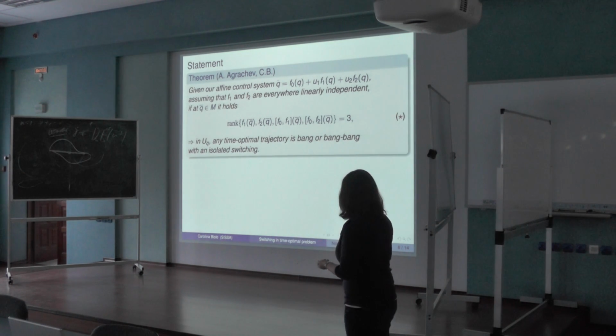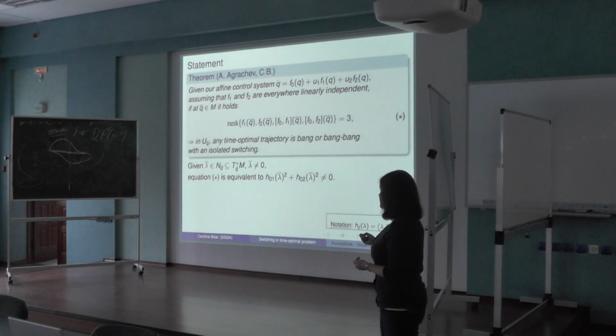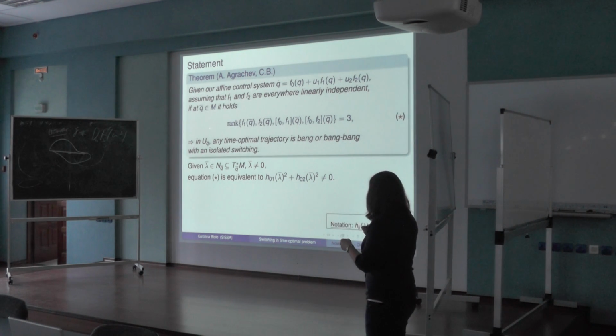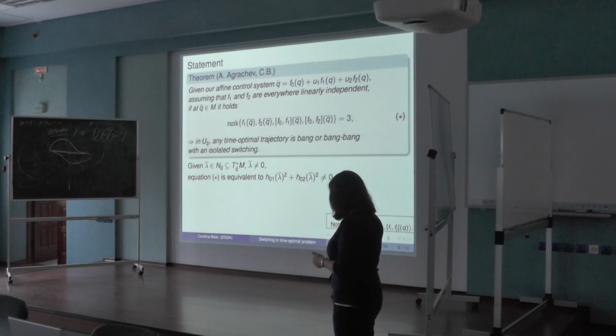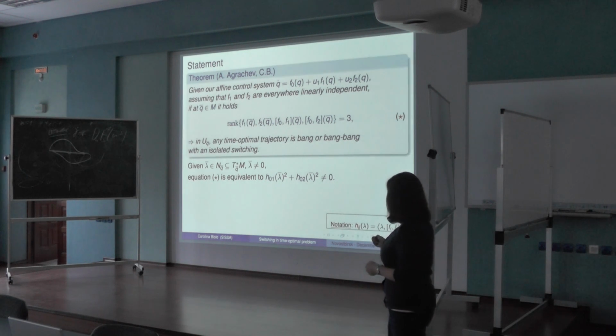So let's go deeper into the statement. Indeed, given lambda bar, a point of a lift of our Q bar on our singular locus that is different from 0, we have that this condition is equivalent to this one.